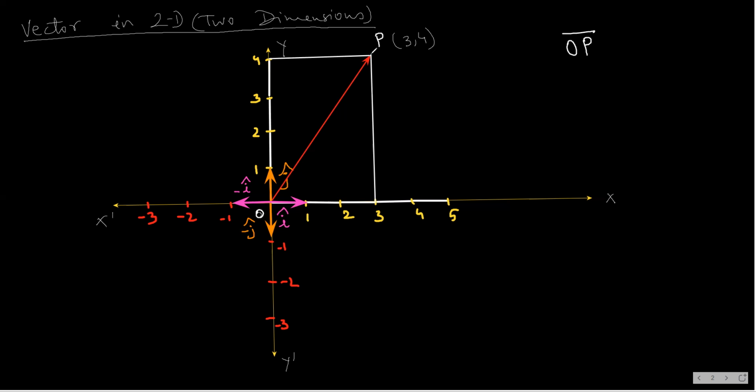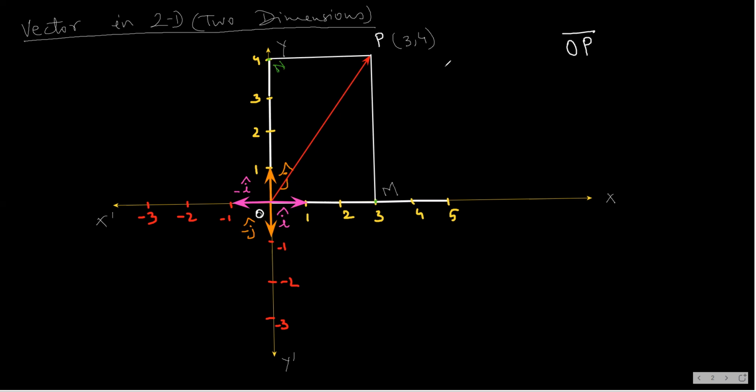Now the perpendicular which I draw from point P on the x-axis, I call it point M. This is point M and this one is point N. Okay. Now I want the full expression for OP bar.